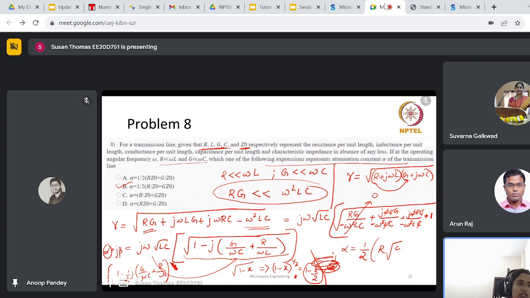Now, in this question, it is only asked for alpha. That is why we looked at only alpha.